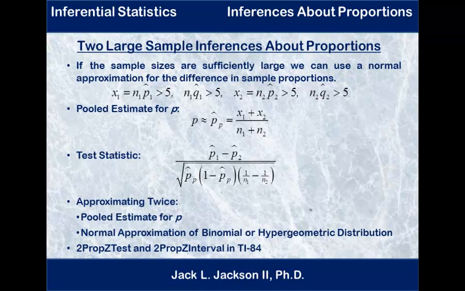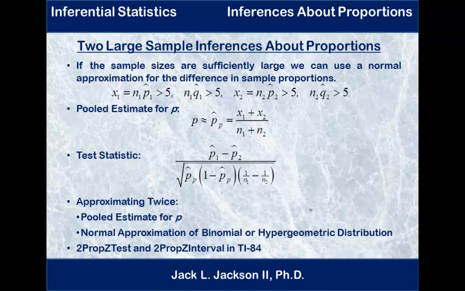And that's going to give us a pooled proportion of successes. So p hat sub p, the pooled estimate for p, is going to be x1 plus x2 on the top, divided by n1 plus n2 in the denominator. So we do that ratio there, and that gives us p hat sub p.